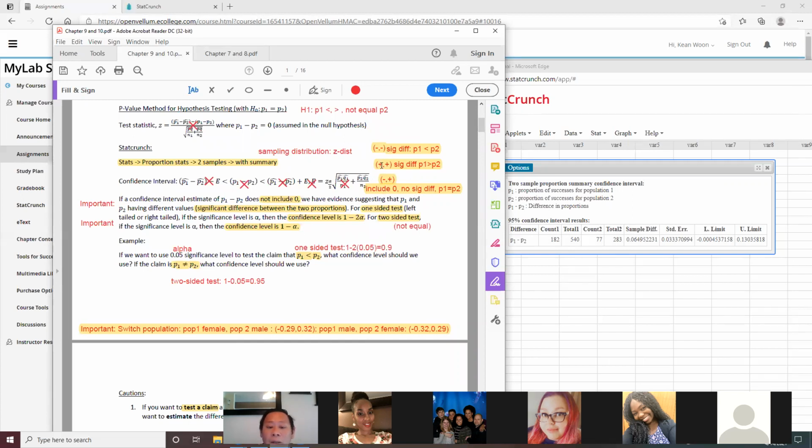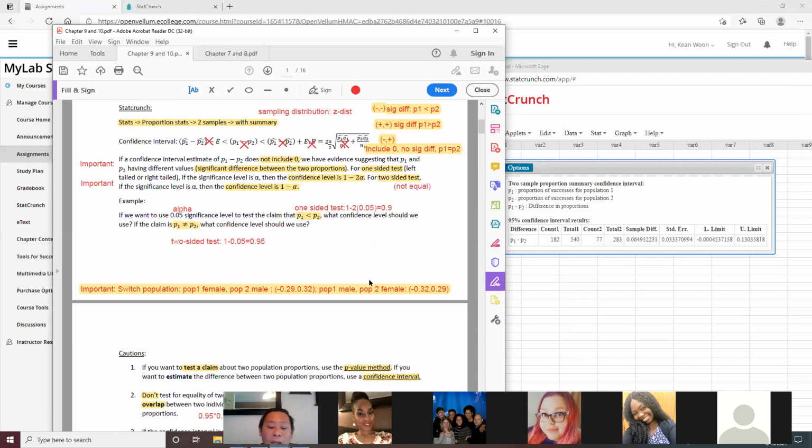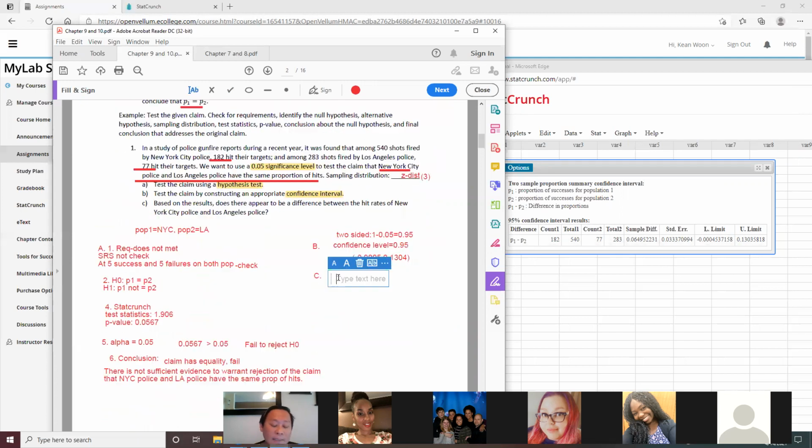That means no difference. If you have both negative or both positive... what do we have in this case? One negative, one positive. So that means there is no significant difference.